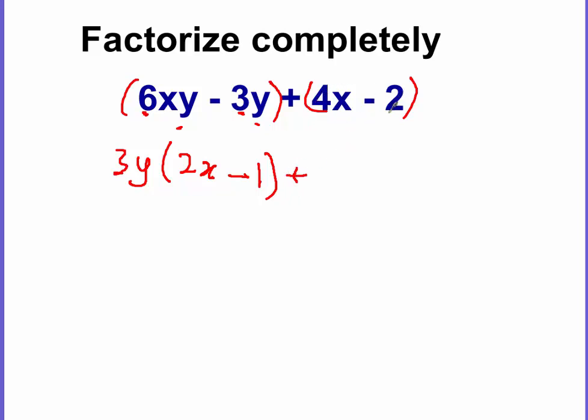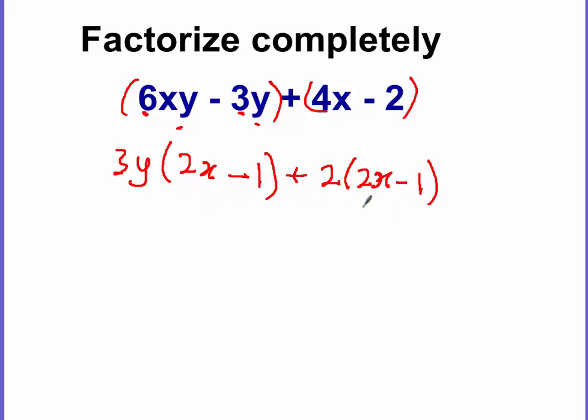Plus the factor of 4 and 2 is 2. Bracket, which other factor times 2 gives us 4, that is 2. Then this x, because it has no common factor, let's bring it here, minus 1. The reason is the 2 is already out.